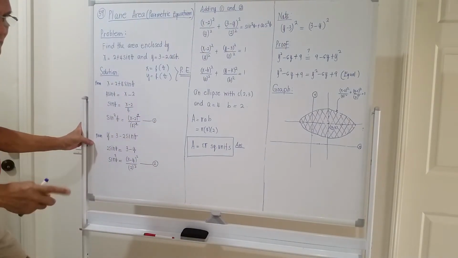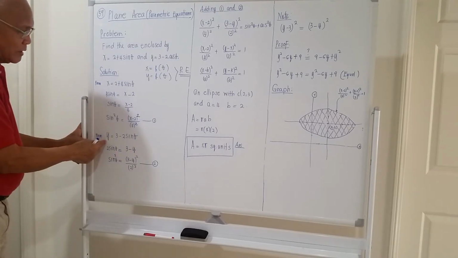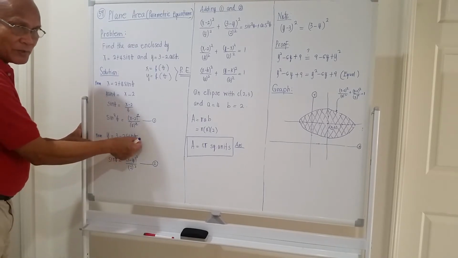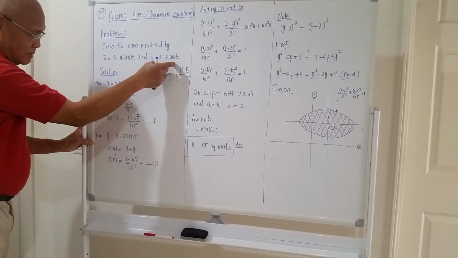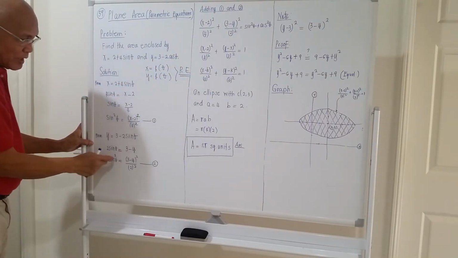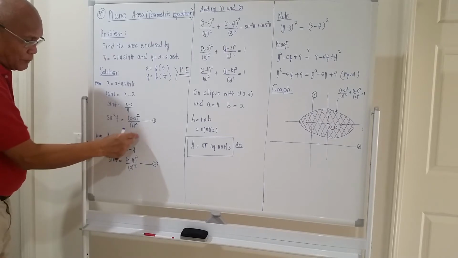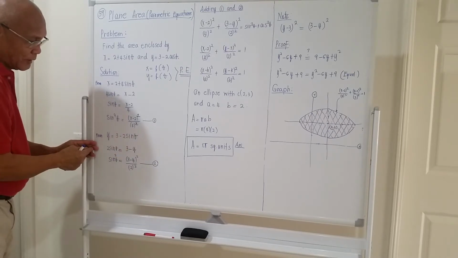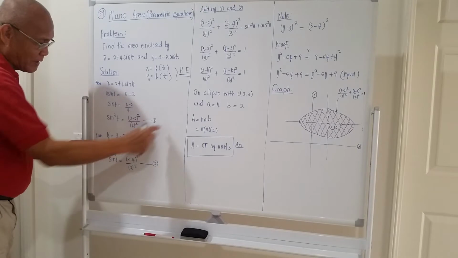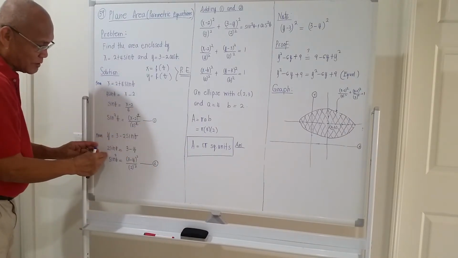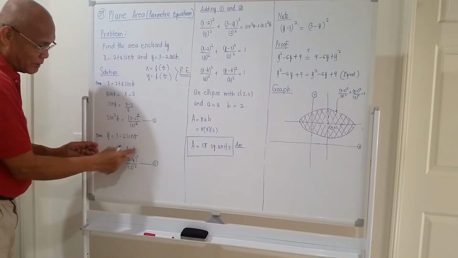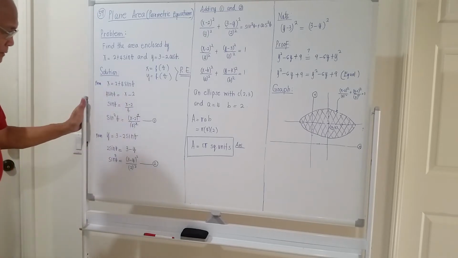From the given second parametric equation, y equal to 3 minus 2 sine of theta. Solving for sine of theta, 2 sine of theta we put on the left. Then we transpose this on the right. Therefore, twice sine of theta equal to 3 minus y. Okay?